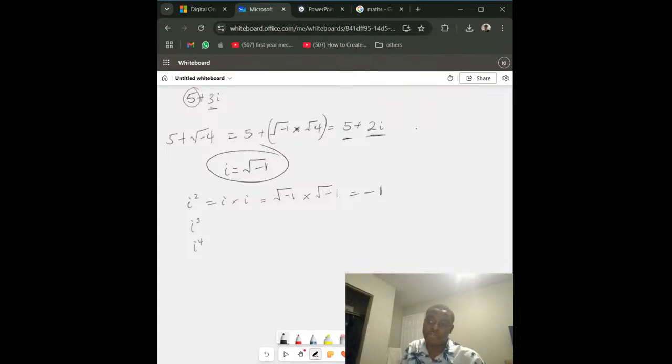If you have root a times root a, it's basically root a square, square cancels square root, and then you have a, right? And then i cube would be i times i times i. And remember, i times i is this. So we would have minus 1 times i, and that would give us minus i.